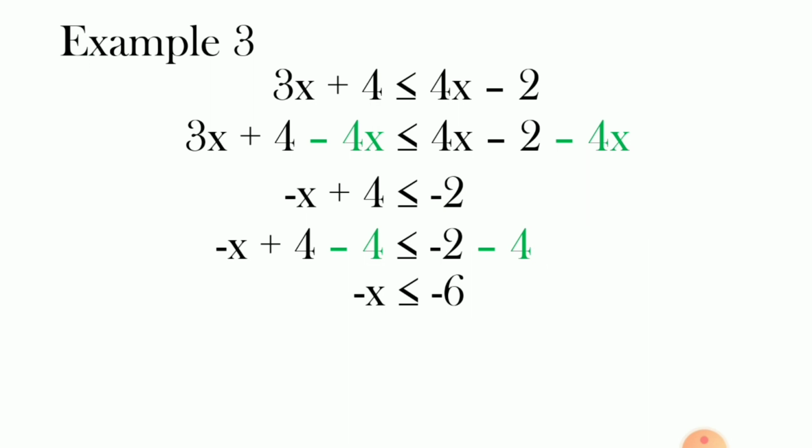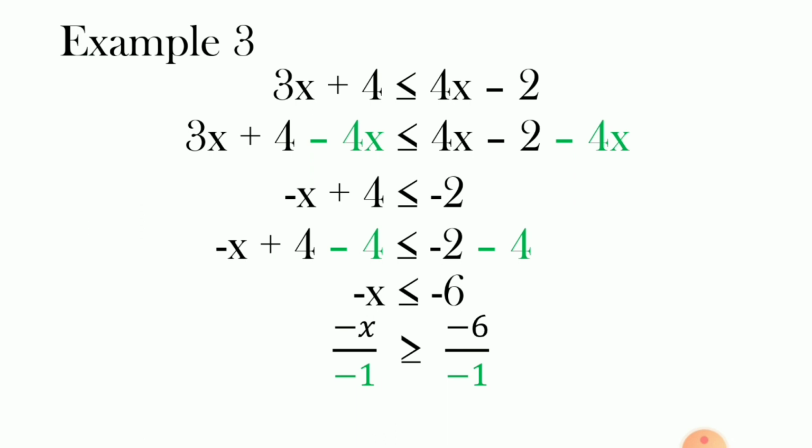So we are not yet done on finding the value of x because x is still negative. So we need x to be positive. So divide both sides of the inequality by negative 1. Take note, when multiplying or dividing by a negative number, the inequality symbol will change.